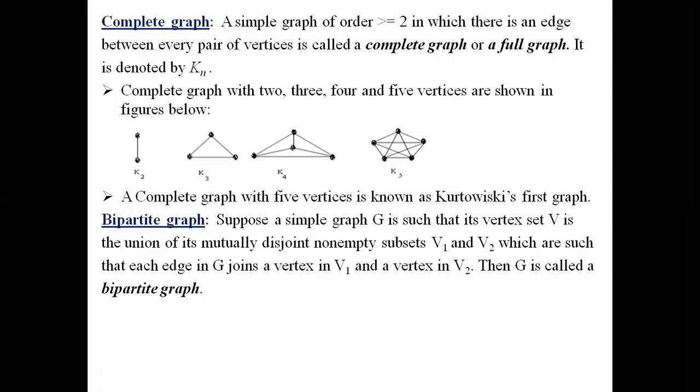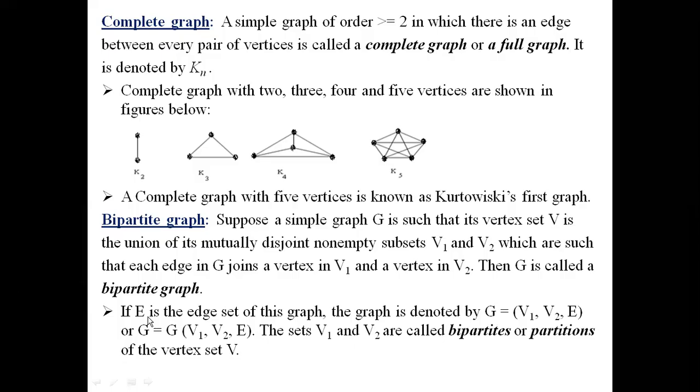This also means that no two vertices of V1 are joined by an edge. Similarly, no two vertices of V2 are joined by an edge. So every edge in G should be joining a vertex in V1 to a vertex in V2. Then such a graph is called a bipartite graph.